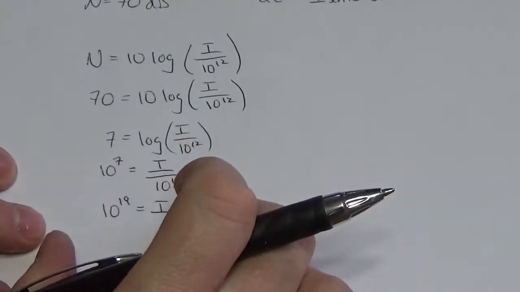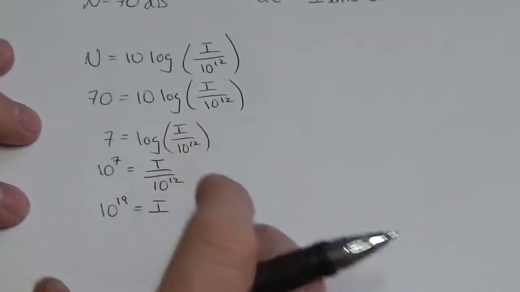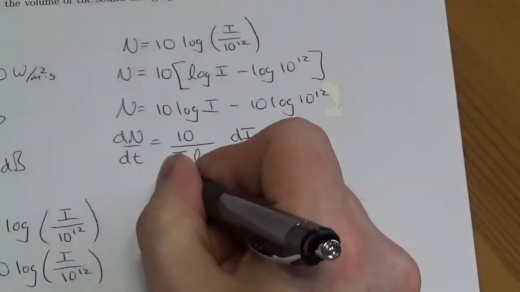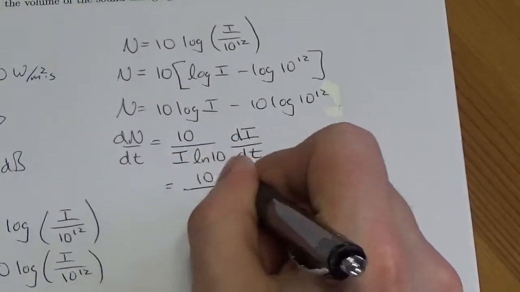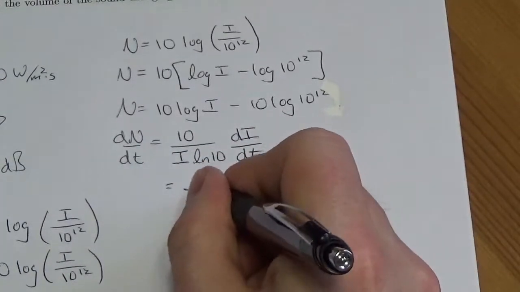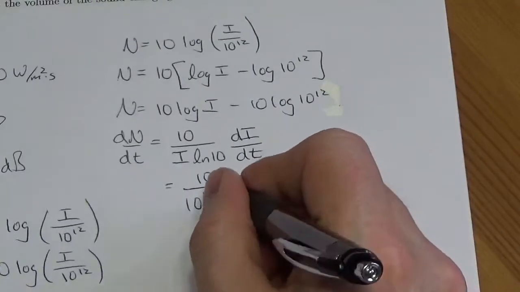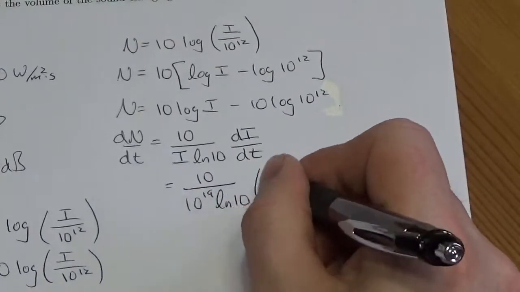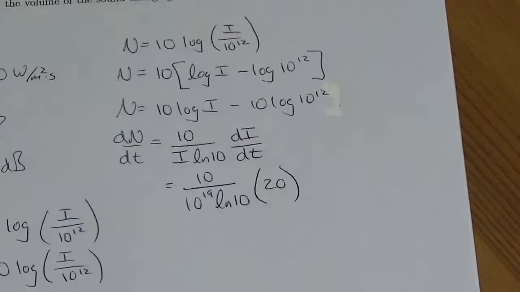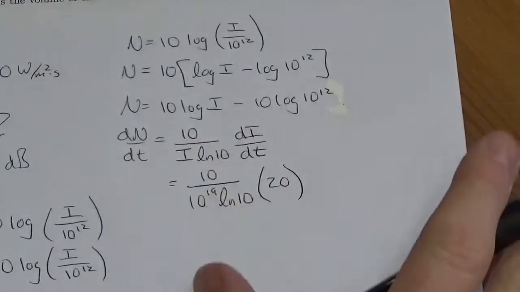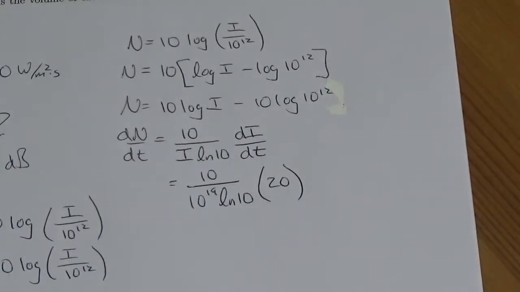So now we've got a value for I. Now we can go back up into our expression here. And so this is going to become 10 over 10 to the 19, natural log of 10. And this is all going to be multiplied by 20. 20 watts per meter squared per second.